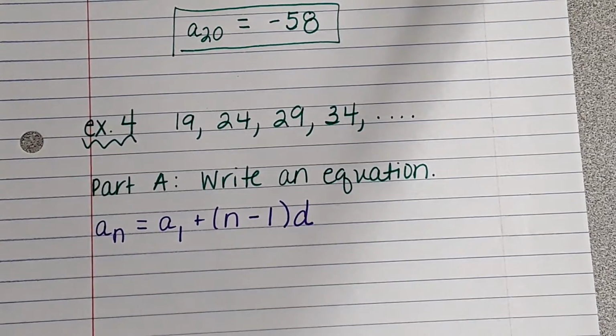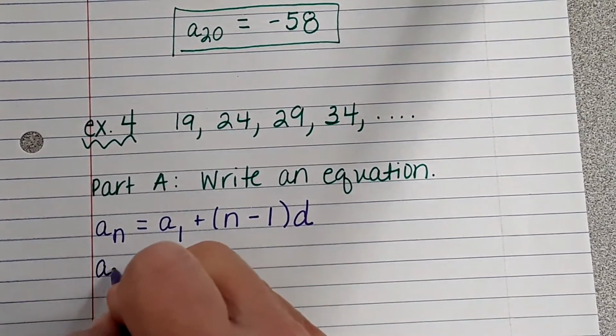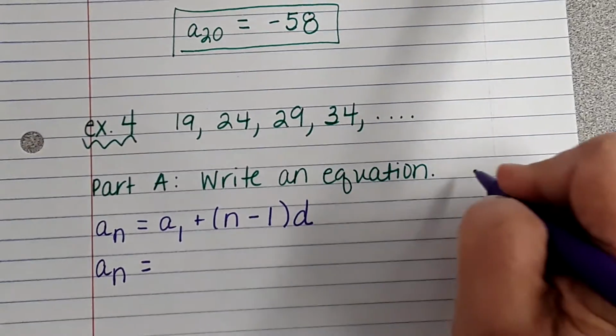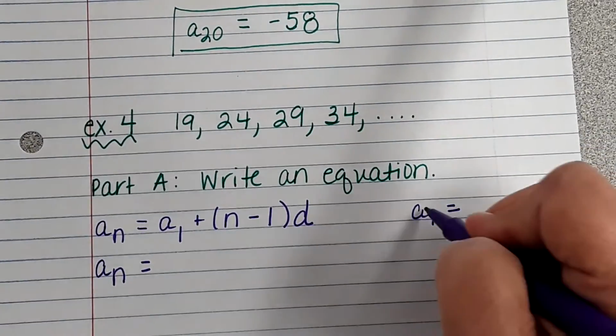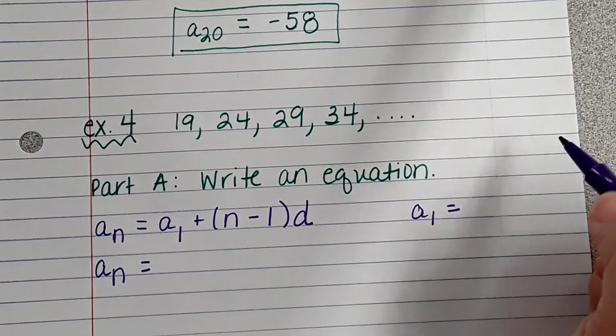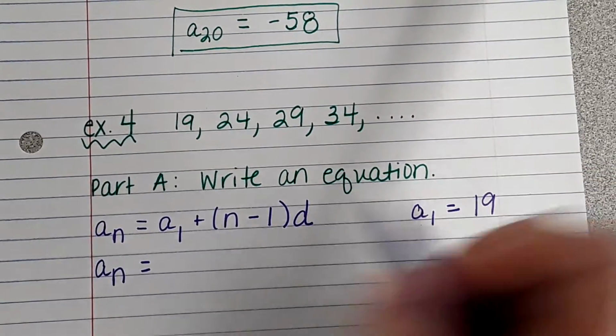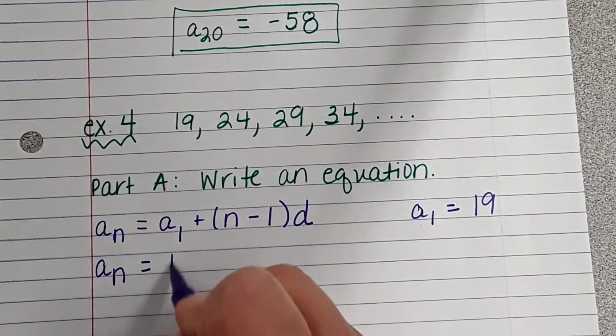So what is A1? A1 equals what? 19, because A1 is always the first term of the sequence.